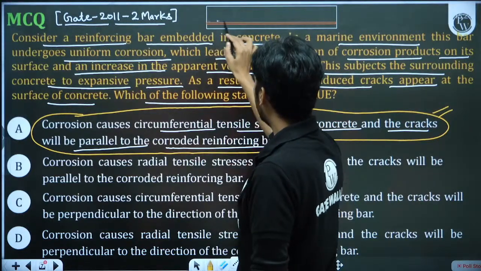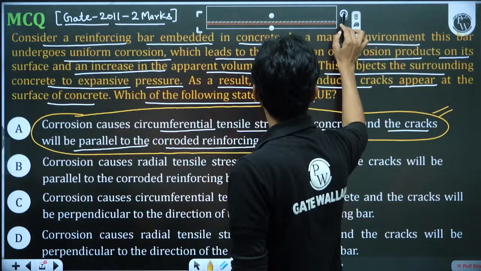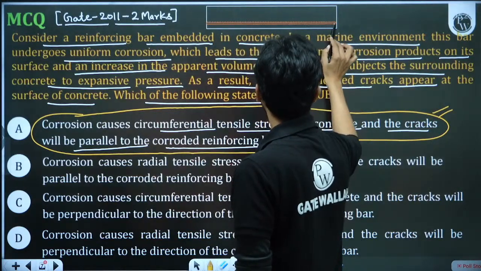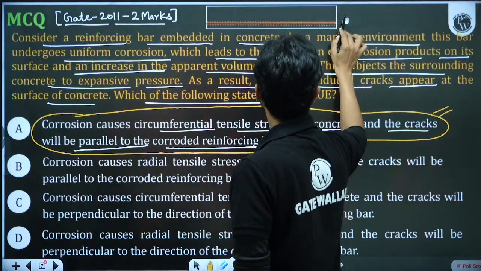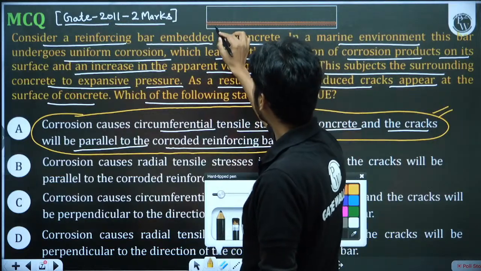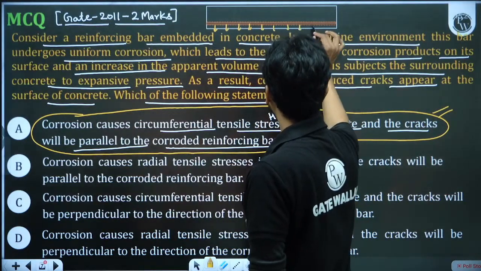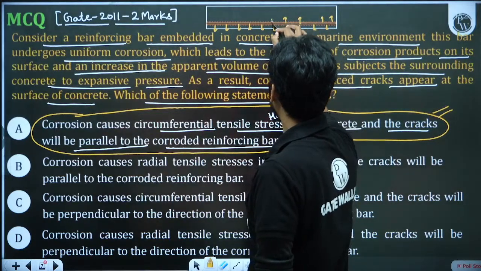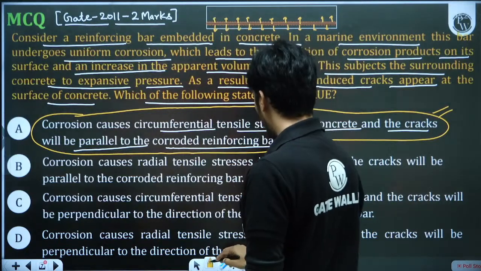Its volume will try to increase, but there is not much space in the concrete. What will happen? This bar will apply some pressure on concrete, upwards, downwards. So due to this pressure, what happens?